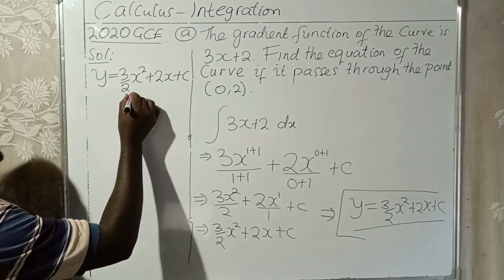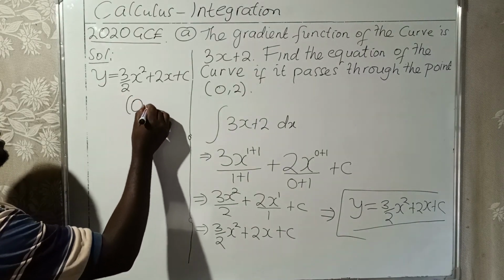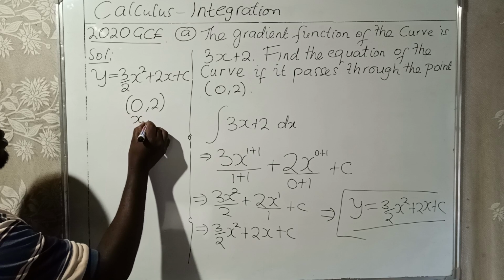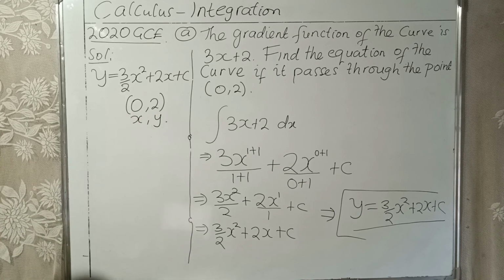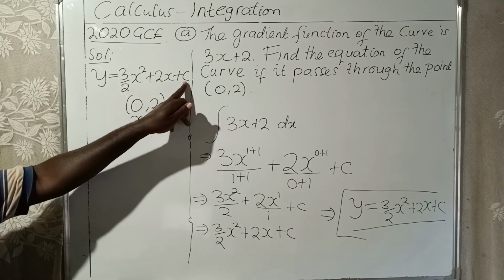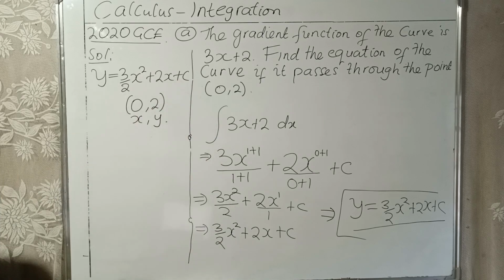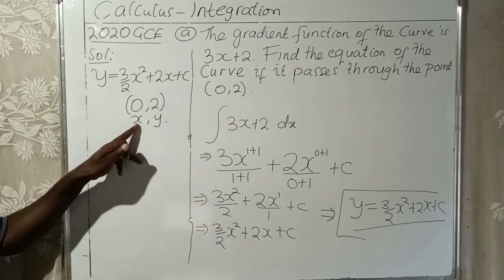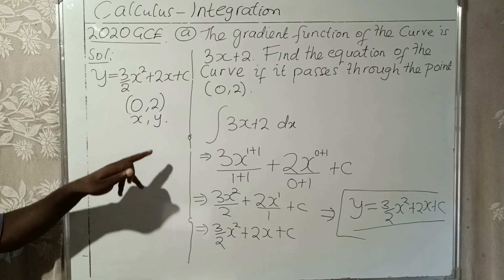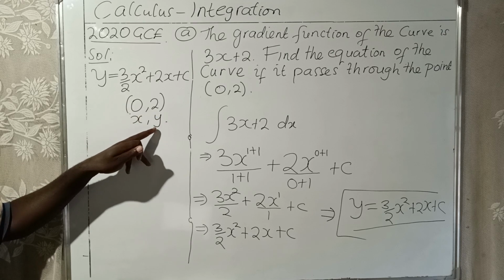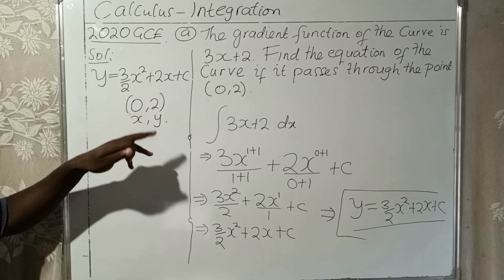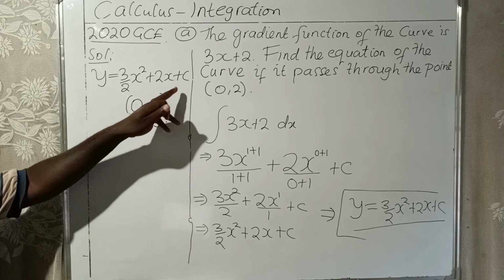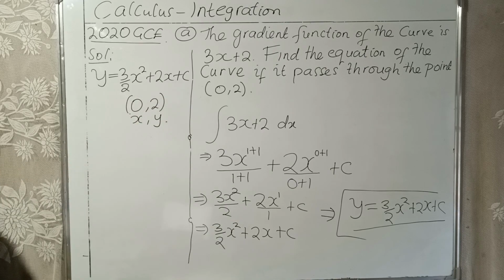We know coordinates are in the form (x, y). Where we have x, we put our 0, and where we have y, we put our 2, and we find the value of c.